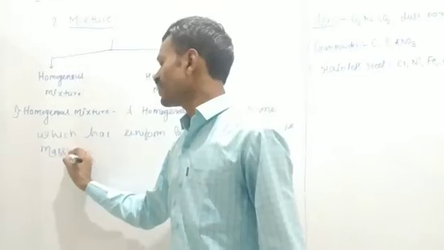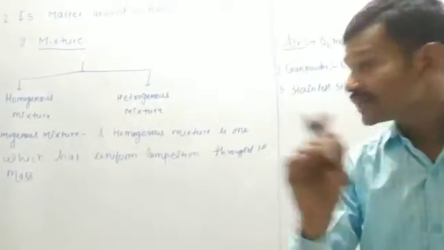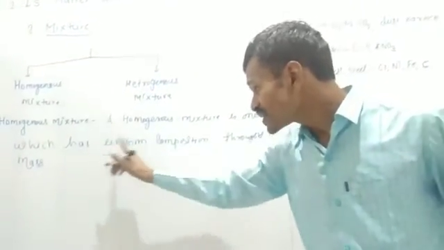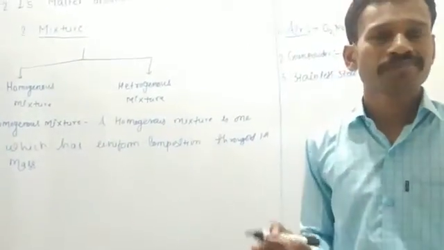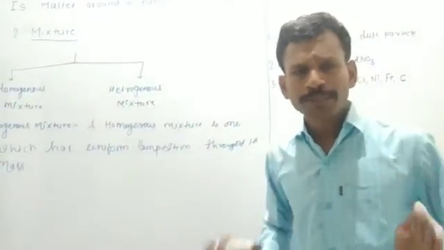So this is the simple definition. A homogeneous mixture is one which has a uniform composition throughout its mass, and it is called a homogeneous mixture.